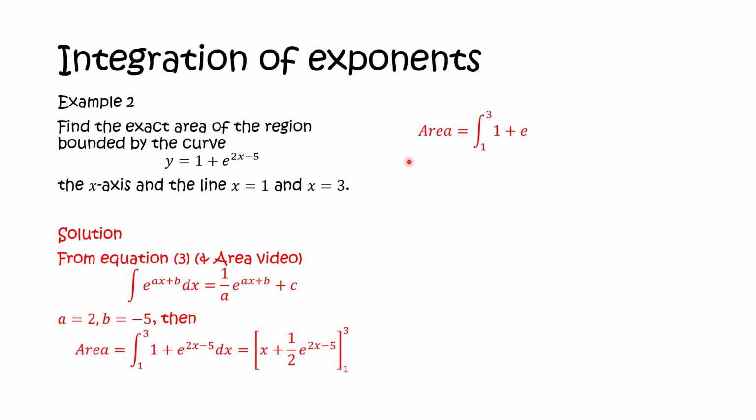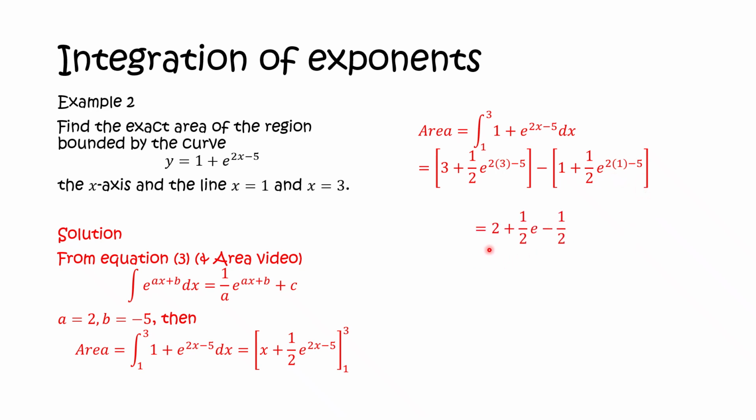Moving on, we are going to substitute the limits, starting with the upper limit. That is to say that we are going to have 3 plus half times e to the 2 times 3 minus 5 minus 1 times 1 plus 1 over 2 times e to the 2 times 1 minus 5.